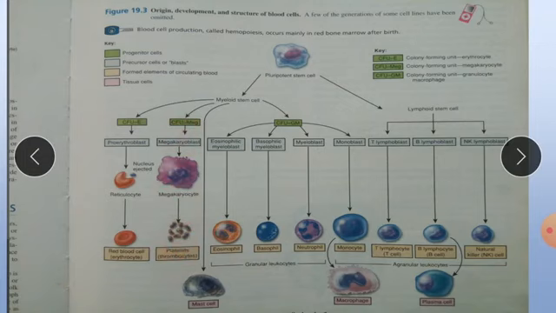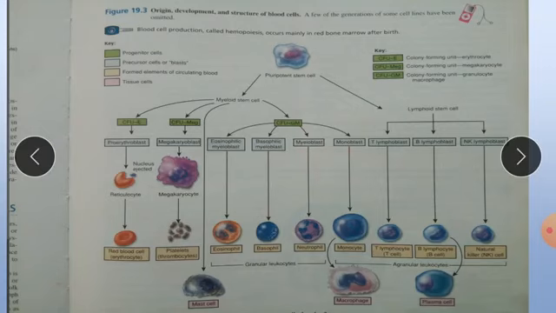CFU-GM ultimately produces the granulocytes, specifically neutrophils, and monocytes. So here CFU-GM will produce the eosinophils, basophils, neutrophils and monocytes. In the next generation, the cells are called precursor cells, also known as blasts. So after the colony forming units, the various blasts are available here.